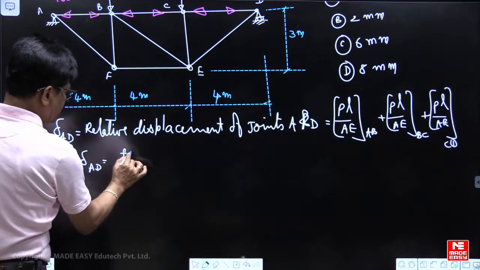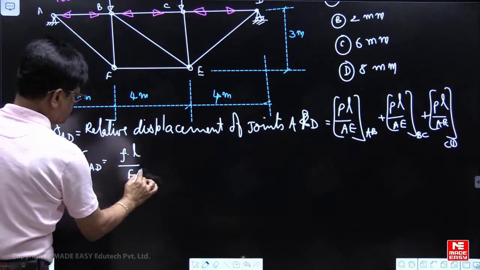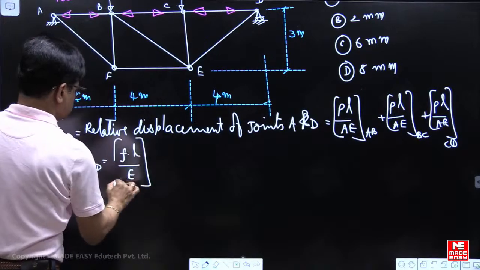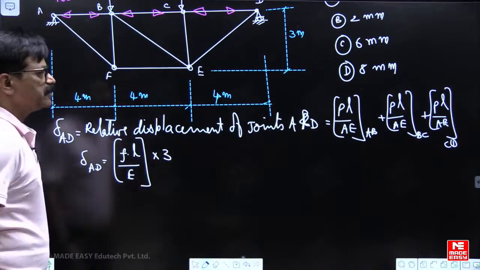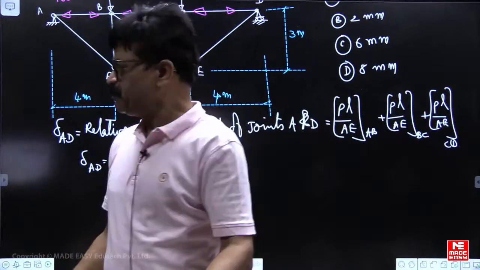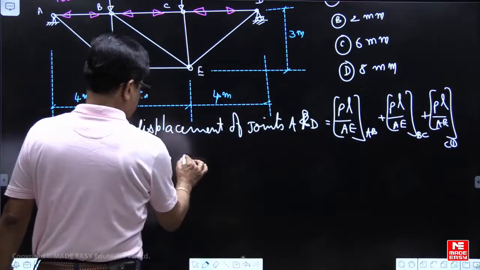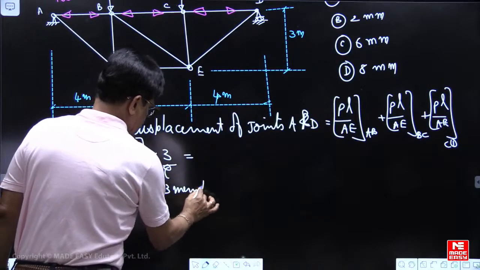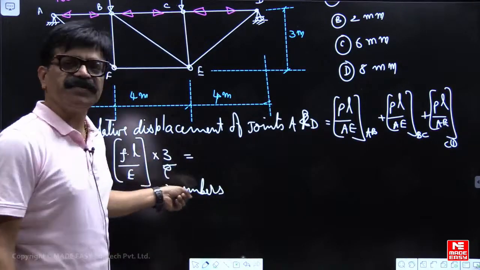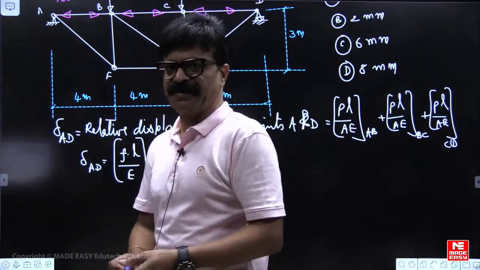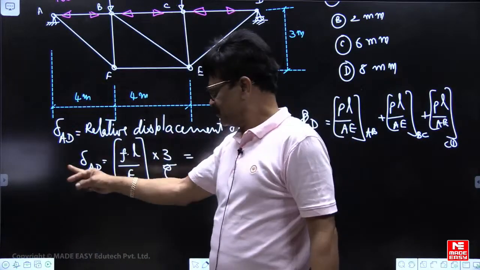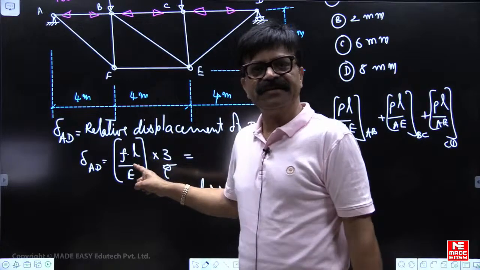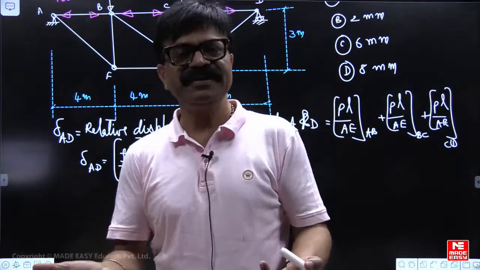PL by AE means I can write FL by E into 3 directly, because 3 members have the same thing. This story is for the people who are listening the first time, but otherwise FL by E into 3 directly we can write. This explanation you don't have to give to anyone in the exam.